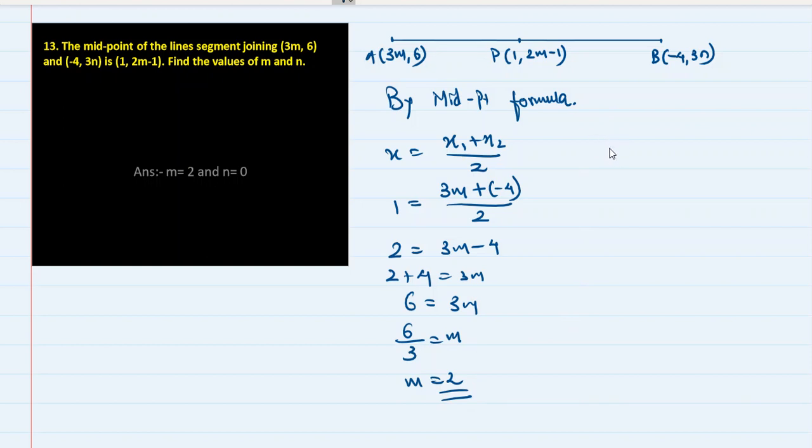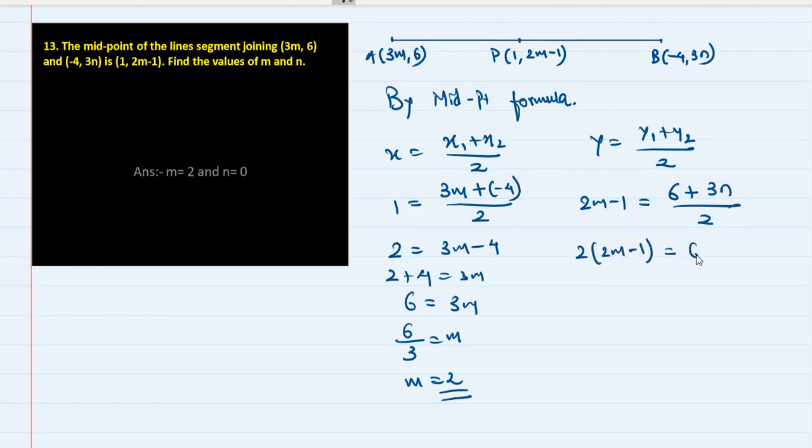Great. So we directly got the value of m. There is no simultaneous linear equation required. Y is equal to y1 plus y2 by 2, and y is 2m minus 1. y1 is 6 and y2 is 3n by 2. Okay, so we just multiply 2 on the other side, so we get 2 bracket 2m minus 1 is equal to 6 plus 3n.